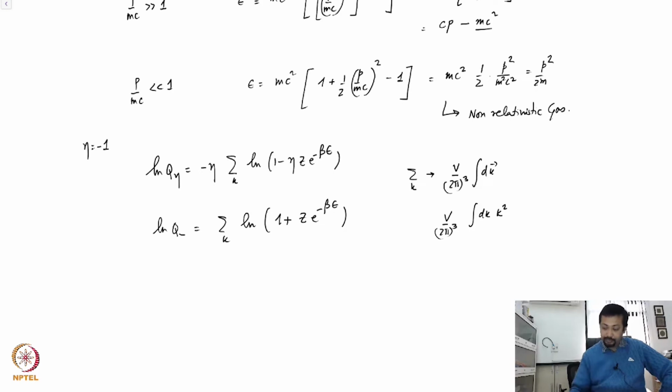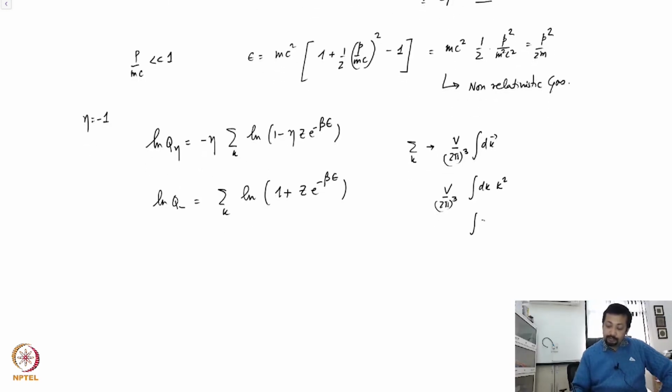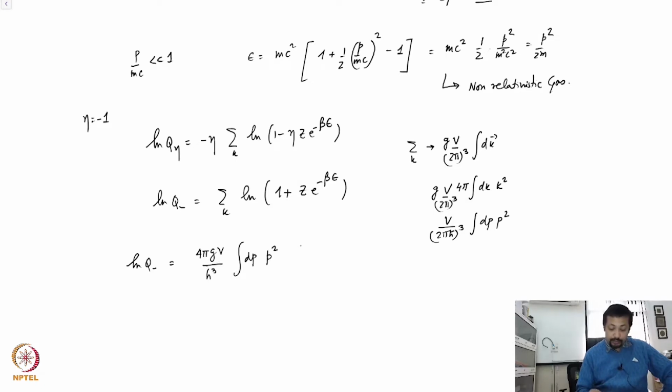So I want to write it down in terms of p, which will give me dp p square V over (2 pi h bar) whole cube, and I'm going to have a factor g_v and a factor 4 pi, so that ln of q minus becomes V times 4 pi g_v over h cube integral dp p square ln of 1 plus z e to the power minus beta epsilon of p.